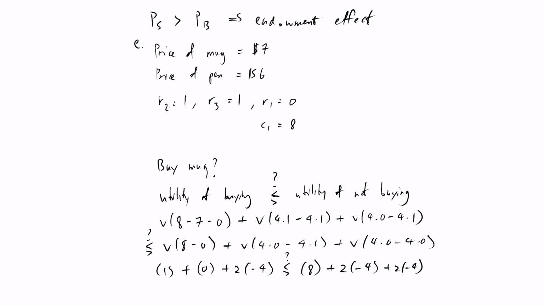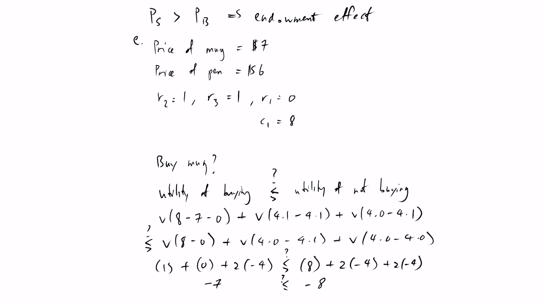All right. So on the left-hand side, you get -7. And on the right-hand side, you get 8 minus 8 minus 8. So that's minus 8. So clearly the left-hand side is bigger, right? So yes, he's going to buy.